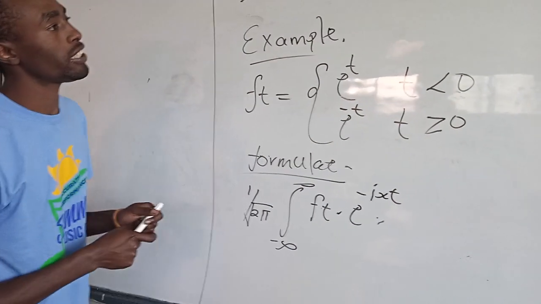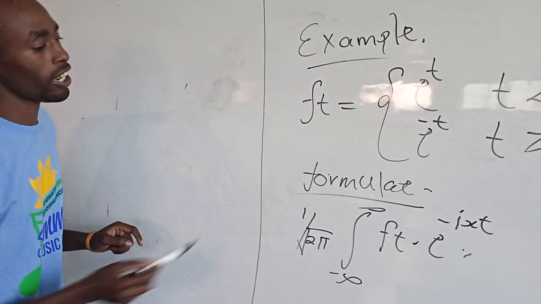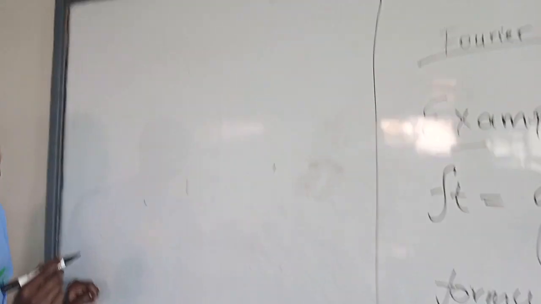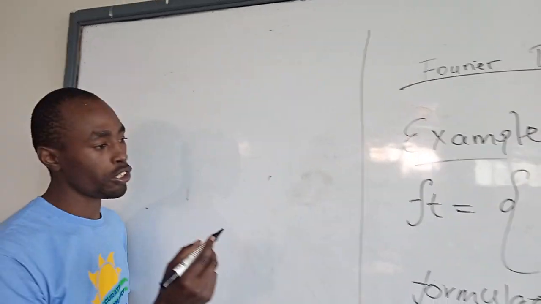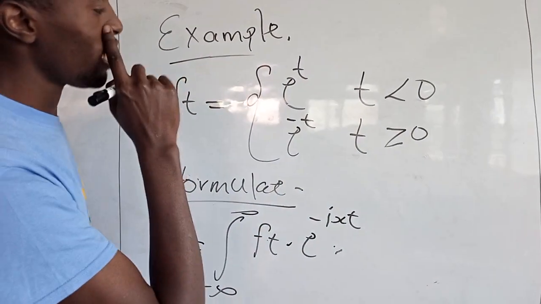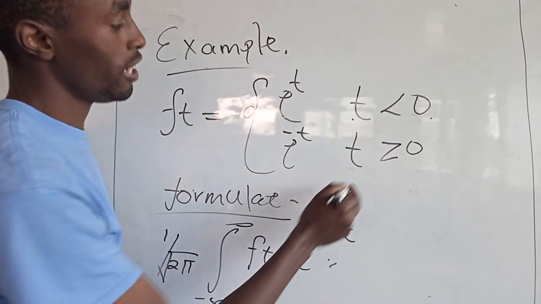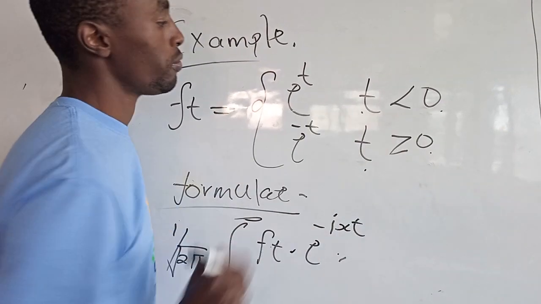So without wasting more time, let's go directly to solving our question. Because the conditions or boundaries are given, you can see we are integrating with t being less than 0 and t being greater than 0.